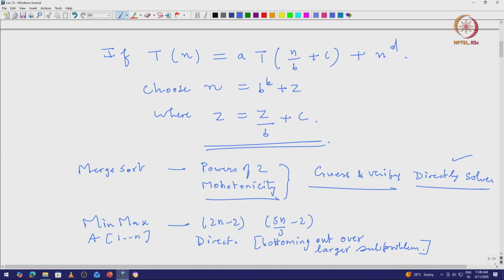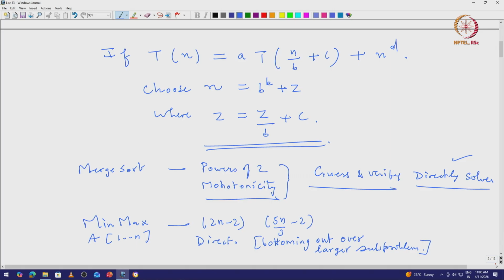Then typically when we were discussing the divide and conquer algorithm, we were trying to split equally or nearly equally. Such a split may not always lead to an efficient algorithm. There are cases in which a carefully worked out split will lead to a much better algorithm.